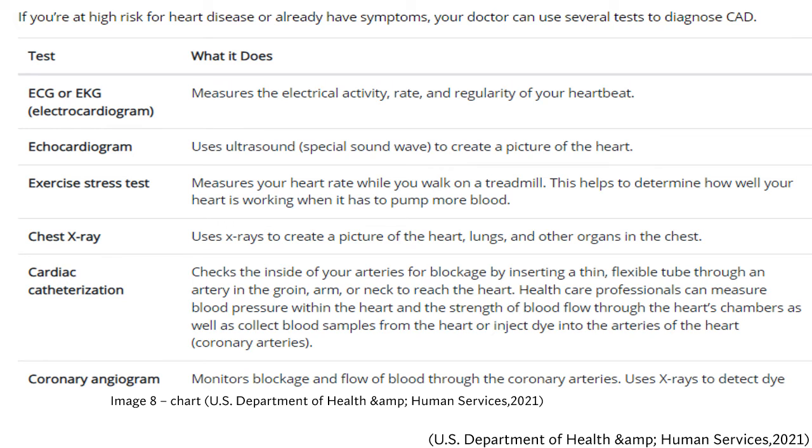Imaging studies such as a chest x-ray can be performed, or a coronary angiogram, which is an x-ray with or without dye. Exercise stress tests and EKGs monitor the electrical activity of the heart while one is performing exercise and at rest, and an echocardiogram uses sound waves to generate an image of the heart.